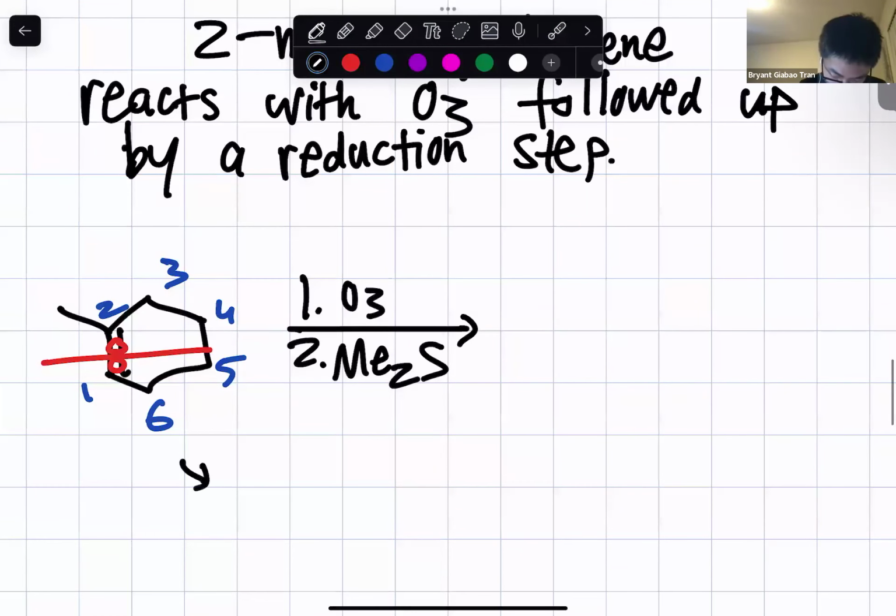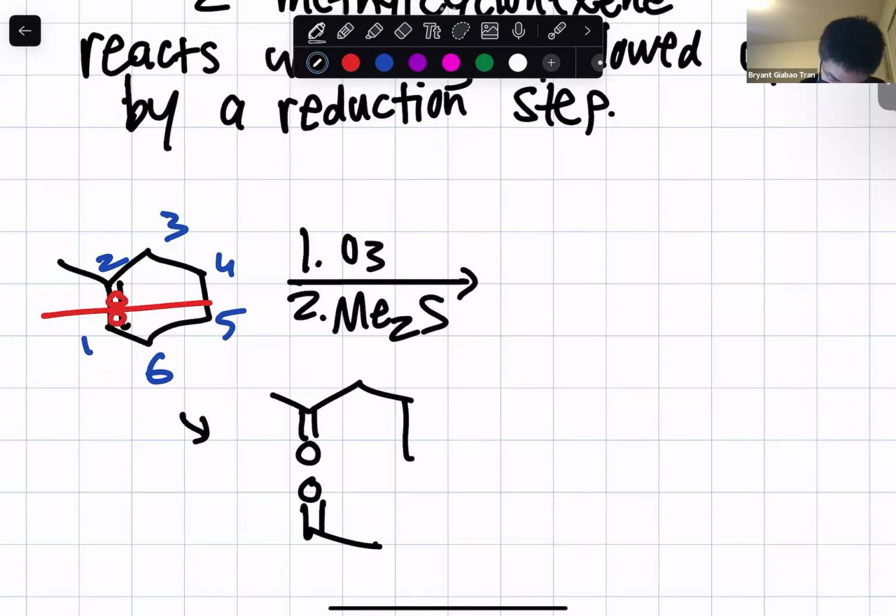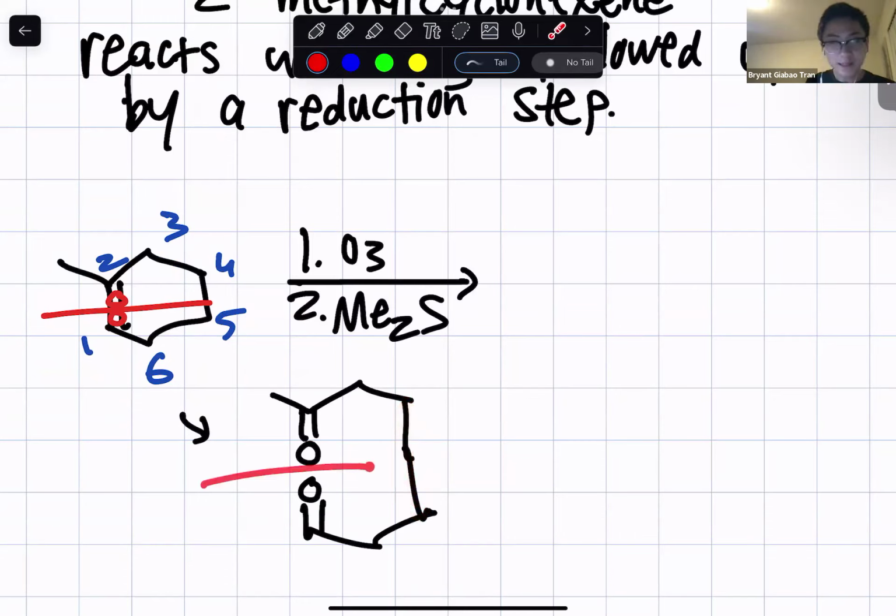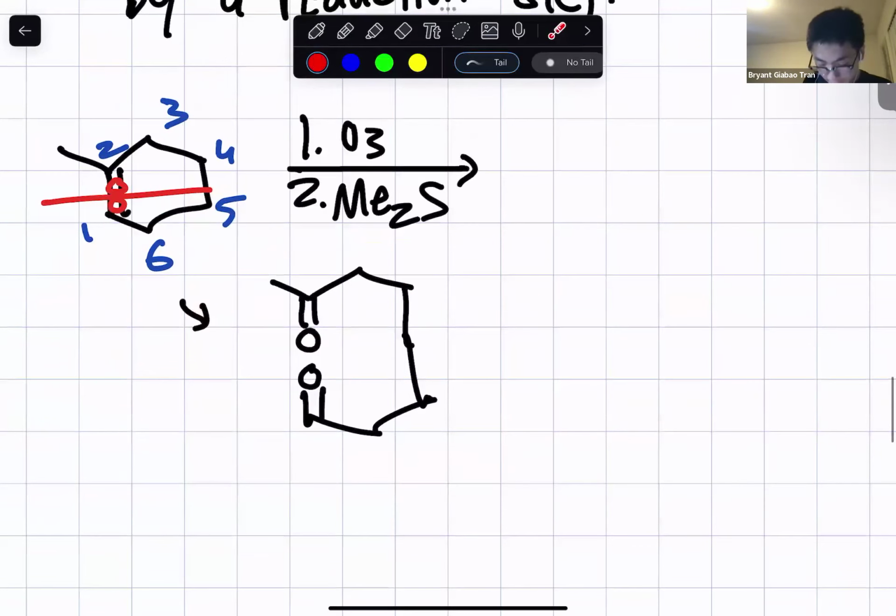That would give us this molecule here. This is a single bond right here. It's just a long single bond because that was the site where I cut the double bond in half, where I put oxygens in the middle. When you leave this as the product, you get full credit.